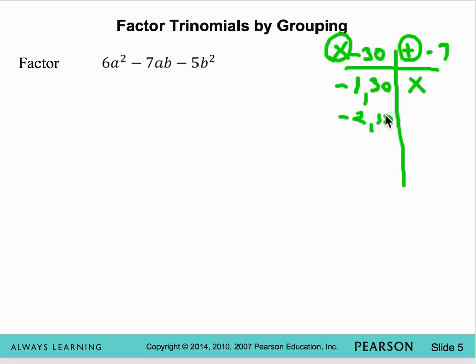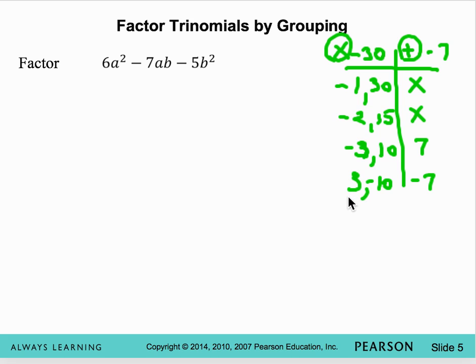Negative 2 times 15 is not 7. Negative 3 and 10. Oh, look. 10 minus 3 is 7. That's the right number. Wrong sign. So I need 3 and negative 10. Right? So if you're careful with your signs, it'll tell you.